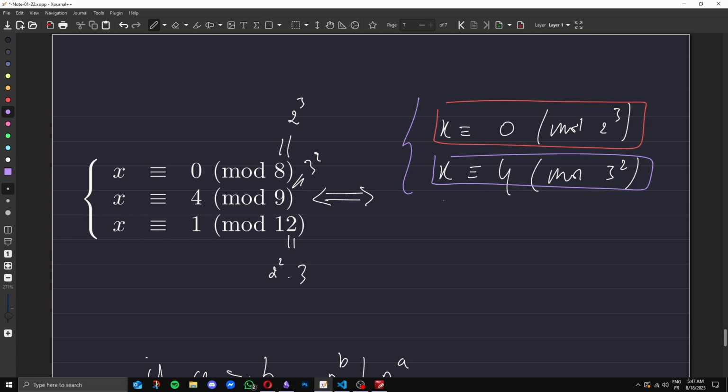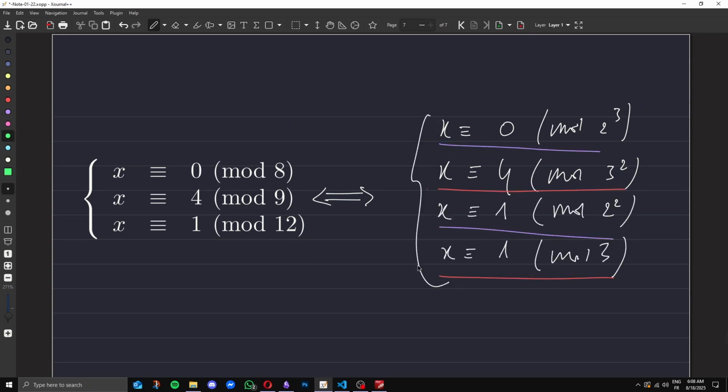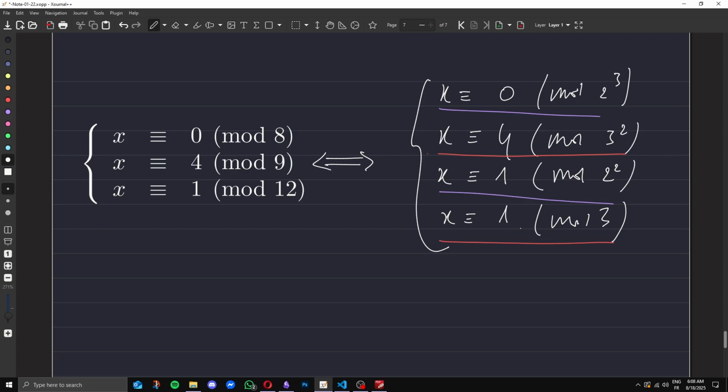We only have 2 congruencies. However, you should note that in the case where moduli are not necessarily pairwise coprime, there can be contradictions. So we have to check that indeed the strongest congruencies actually imply the weaker ones. So for example, if we take the case of the prime being 3, the stronger congruence here is x congruent to 4 modulo 3 squared.